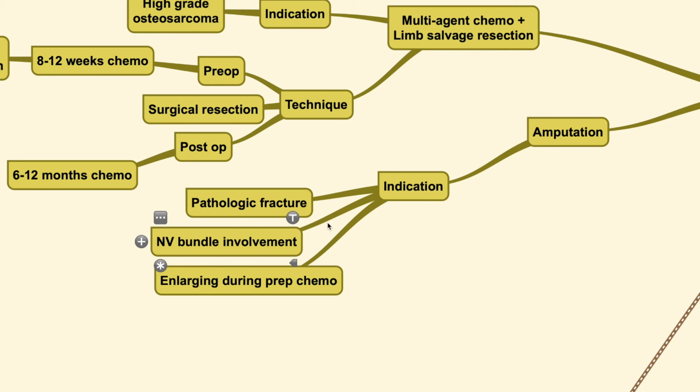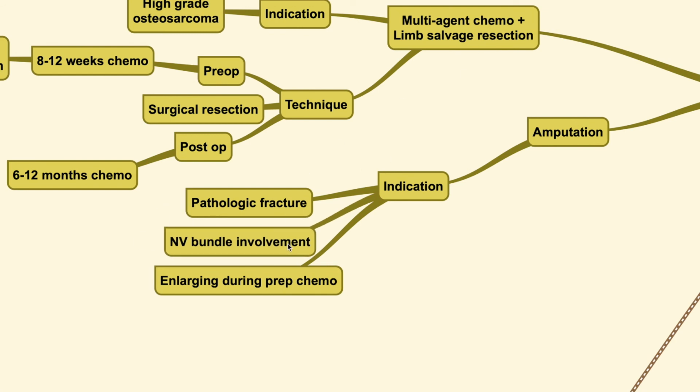So most times amputation is chosen if there is a pathological fracture, because as we know, as long as there is a fracture or discontinuity of the bone, the tumor cells that are within the bone shall escape to the surrounding compartments, contaminate them, and make it an extracompartmental tumor, and therefore it is no longer a good candidate for a limb salvage resection.